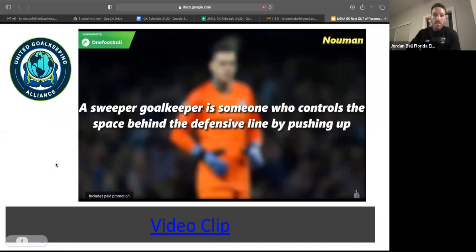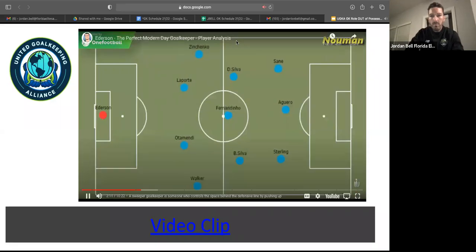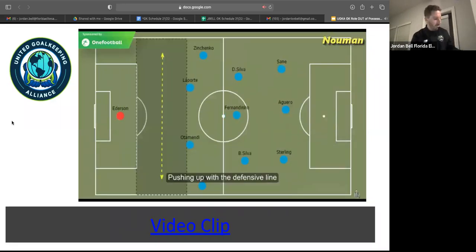A swiper goalkeeper is someone who controls the space behind the defensive line by pushing up. Pushing up with the defensive line and trying to control the space behind the defensive line.